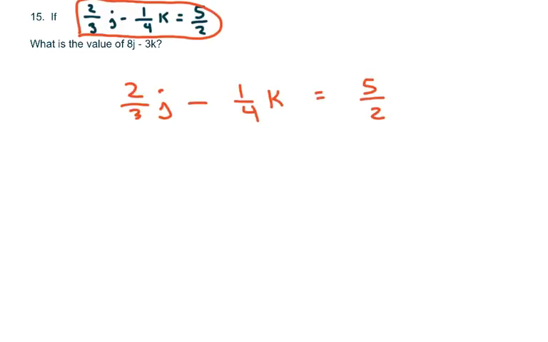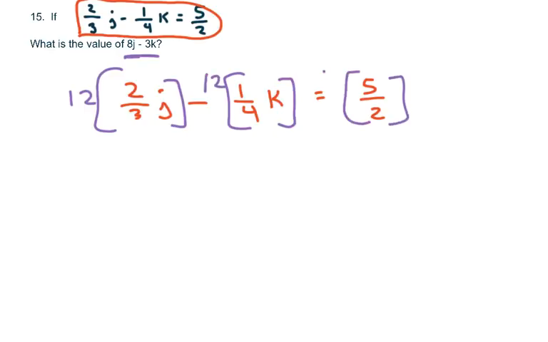I'm going to multiply each piece by 12 because that's my common denominator. Okay, so 3 goes into 12 4 times. 4 times 2 is 8. 4 goes into 12 3 times, and so there we have it. We have our 8j minus 3k.